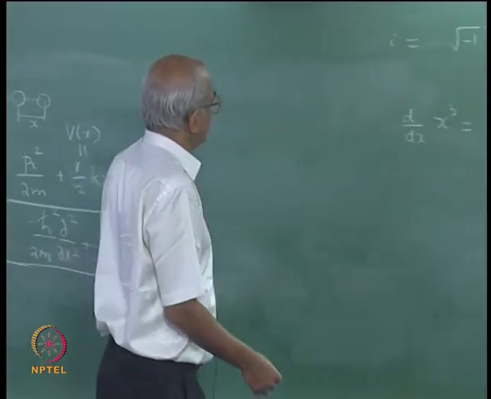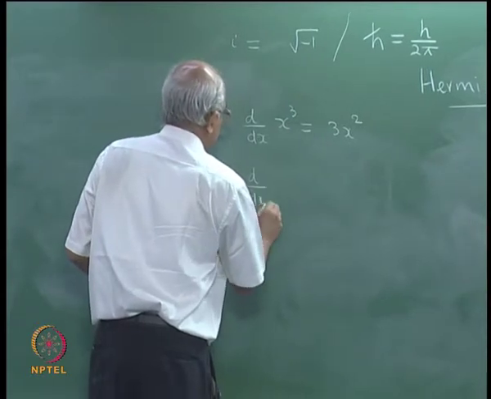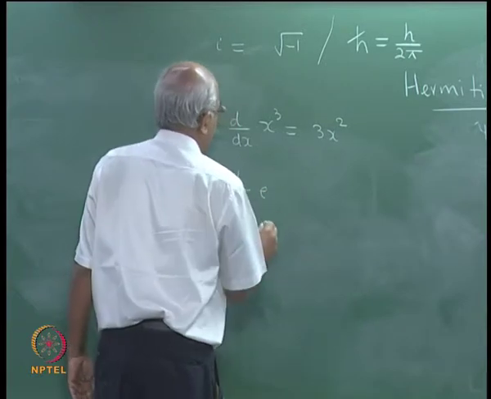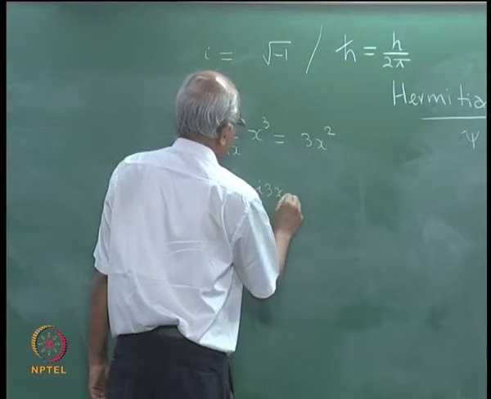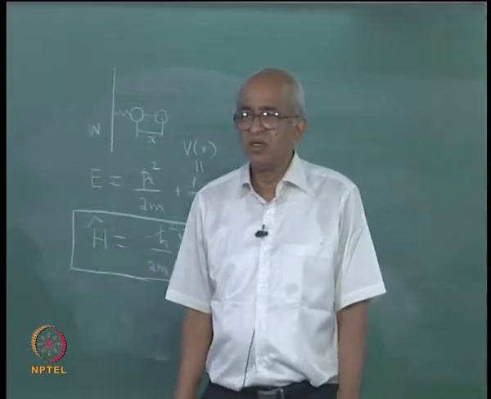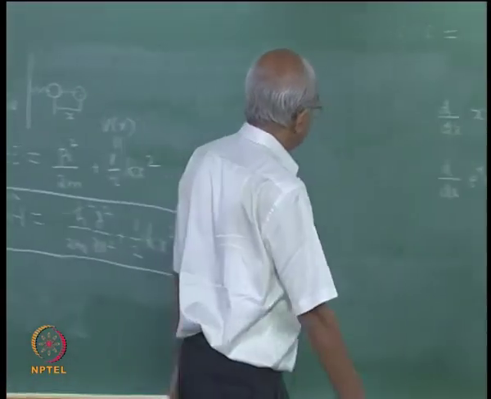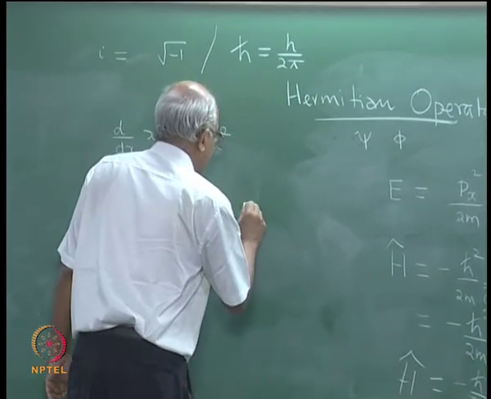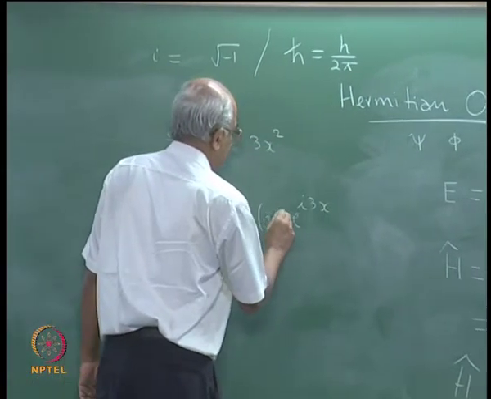But suppose I allow it to operate upon a function which I will write as e to the power of i, let me say 3x. So, what is the answer? It is obvious, if you know how to differentiate. The answer is just e to the power of i 3x itself, but multiplied by i into 3.